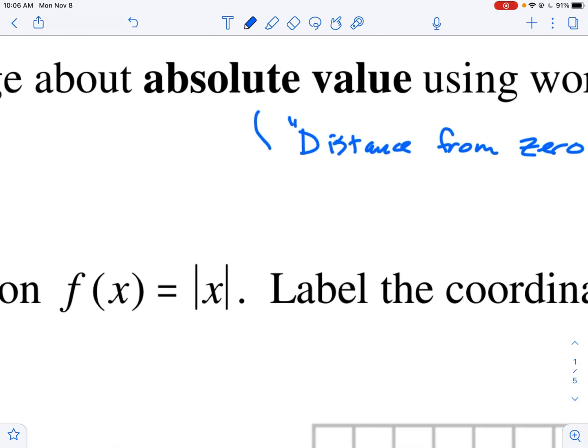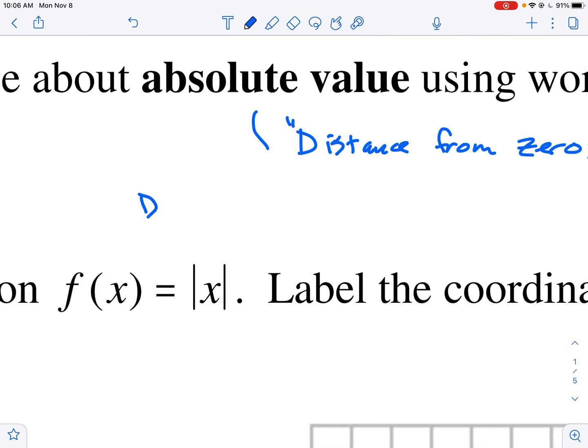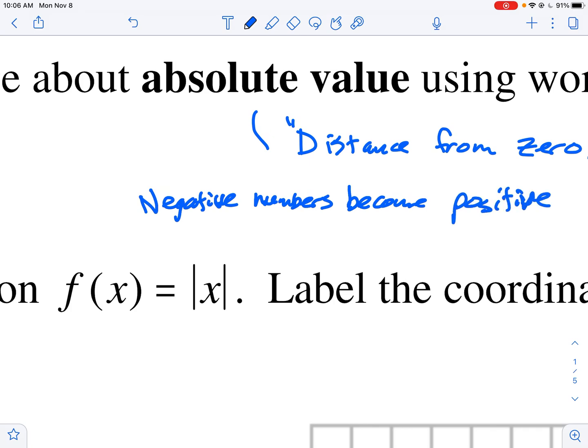What it does is it takes negative numbers and makes them positive, and it takes positive numbers and makes them positive still.